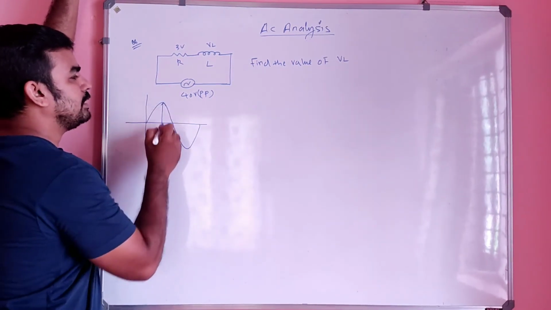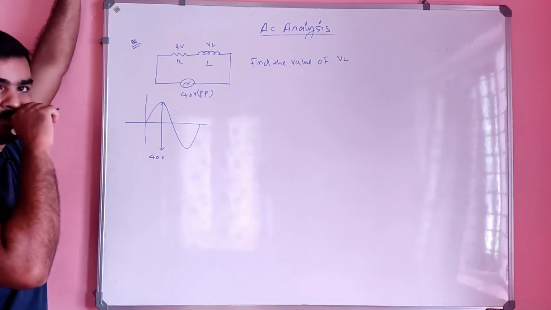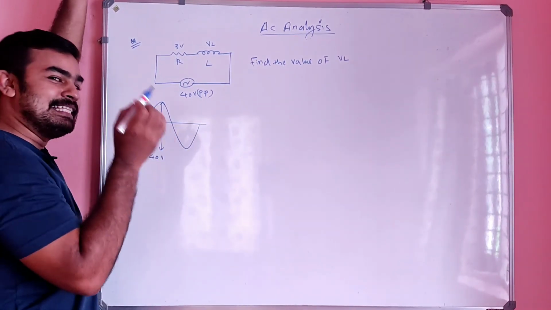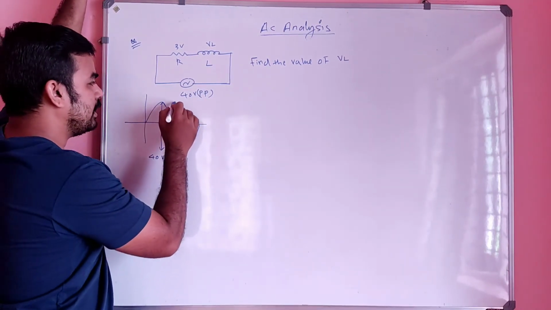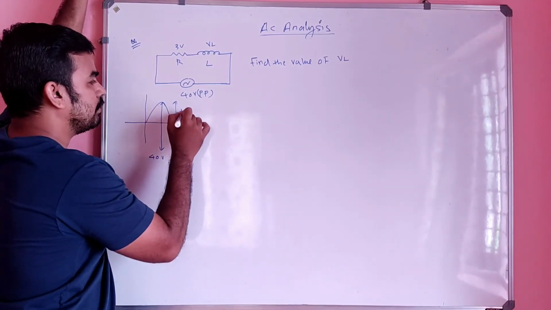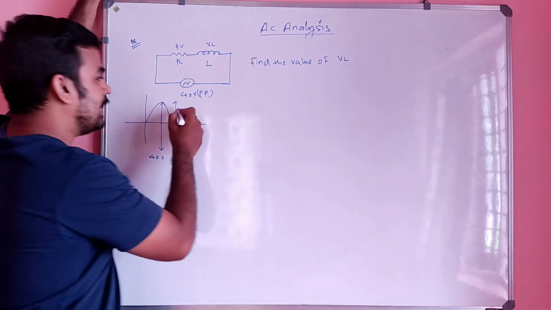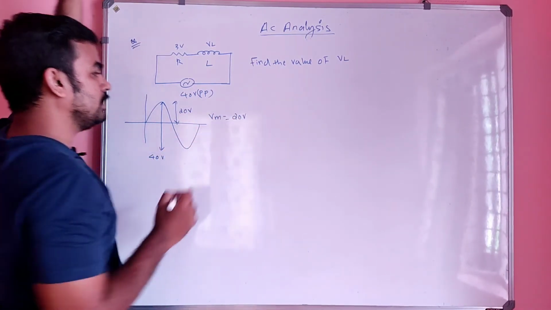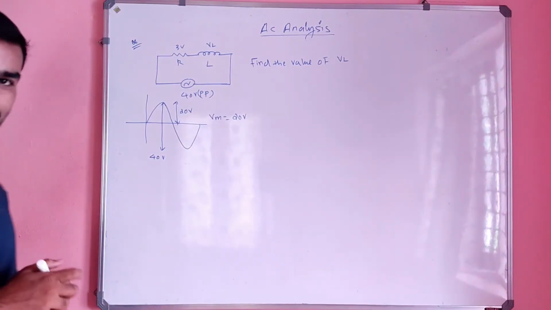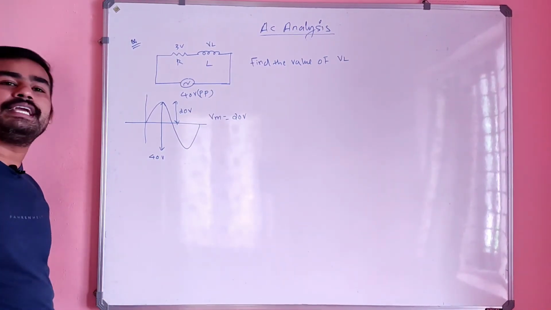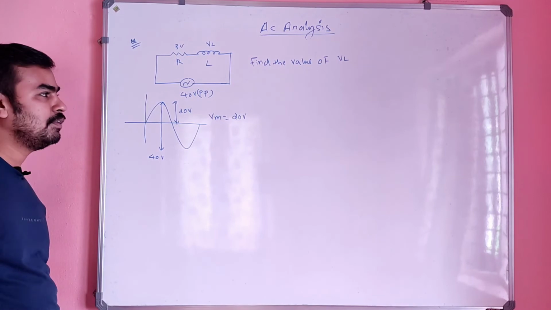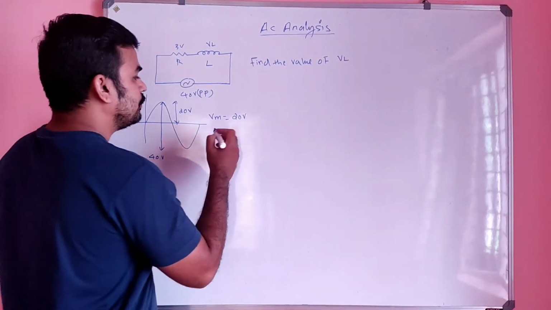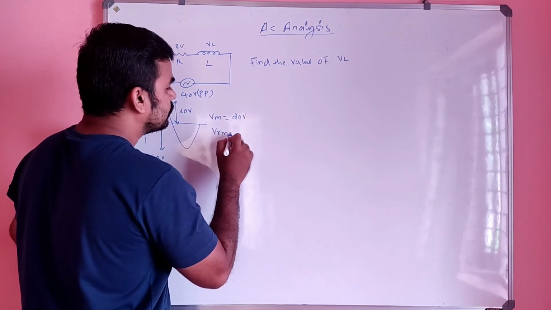But from here to here, what will it be? 20 volt peak, not peak to peak, it is simply peak. So here to here, it will be 20 volt, right? So that means our Vm will be 20 volt. So we have Vm as 20 volt. What will be our RMS then?